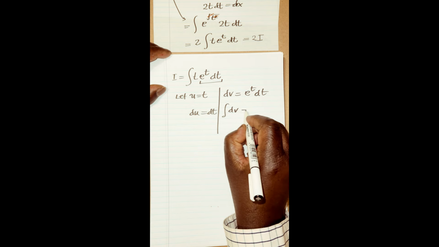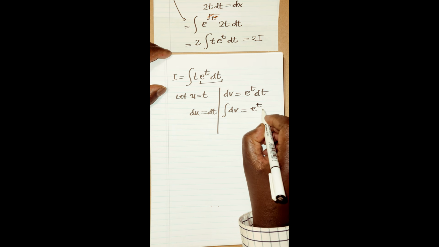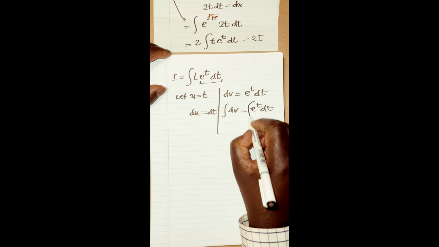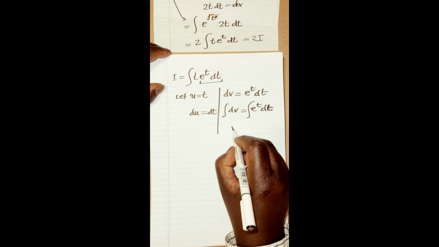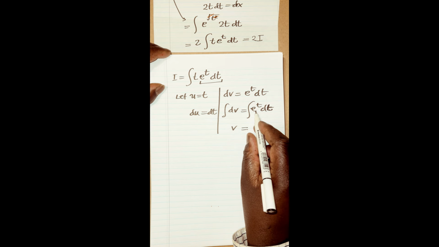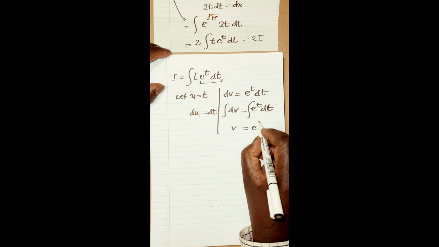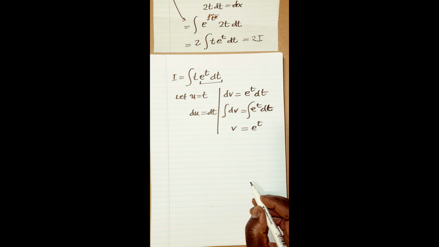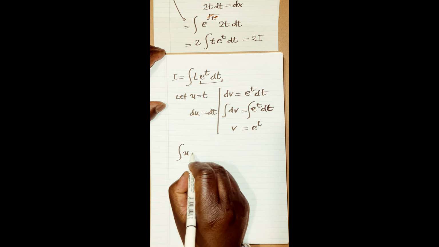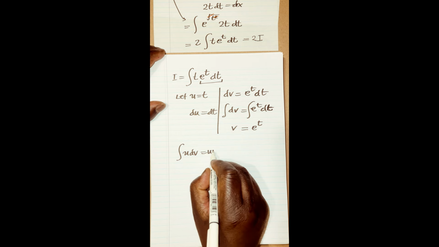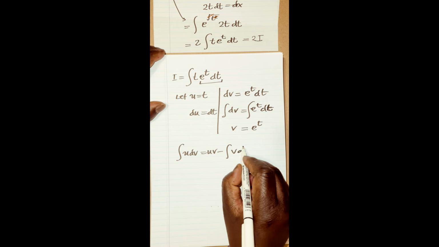The integral of dv is v, and the integral of e to the power t is just e to the power t with respect to t. The integration by parts formula says the integral of u dv equals uv minus the integral of v du.